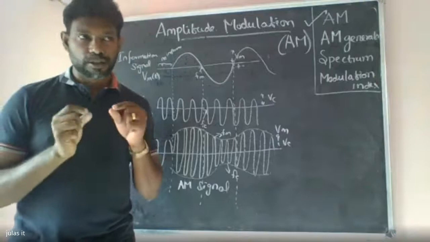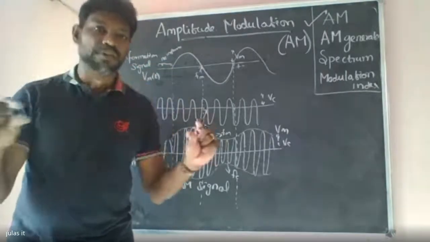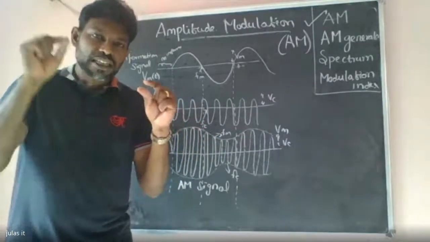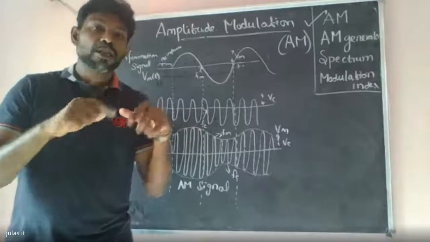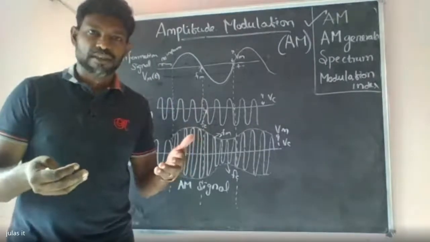So what we are trying to do is represent the signal in the form of an equation, so that by solving the equation and giving the input to the equation, you can understand how the signal is going to react, right?